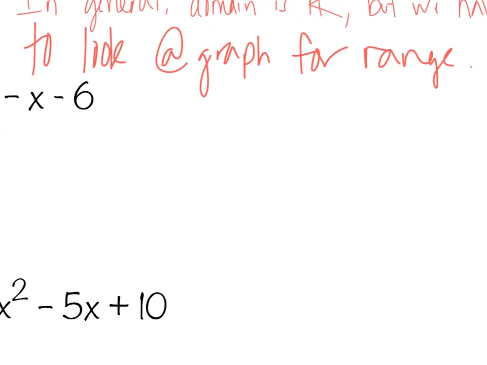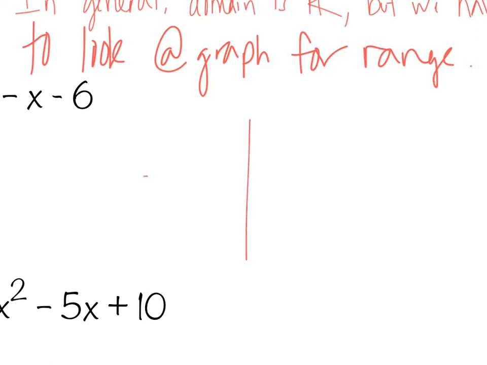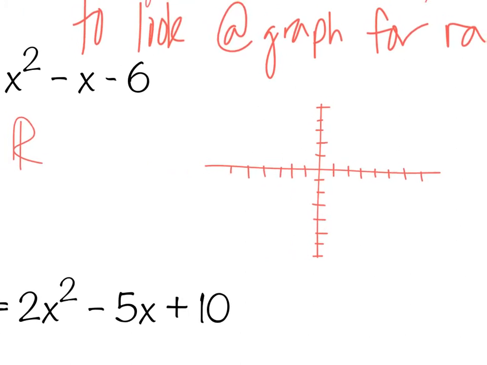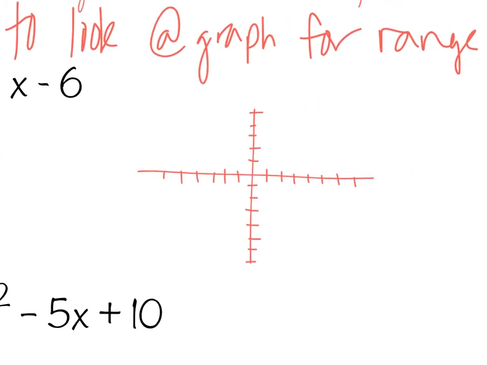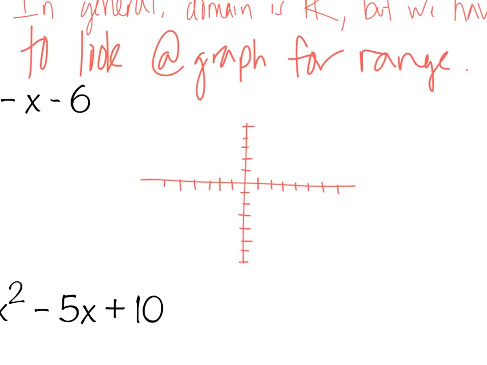So I'm just going to go over here and sketch this graph. If you were to put that in your graphing calculator, this is what you're going to see. The minimum value is 0.5 and then negative 6.25.